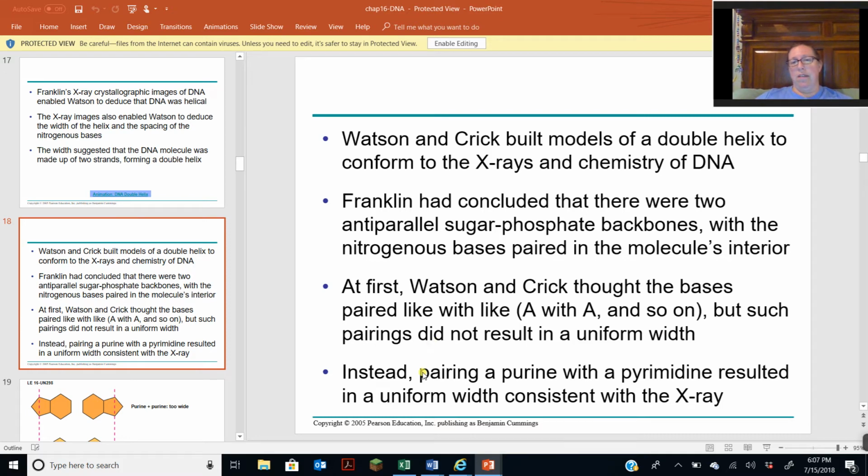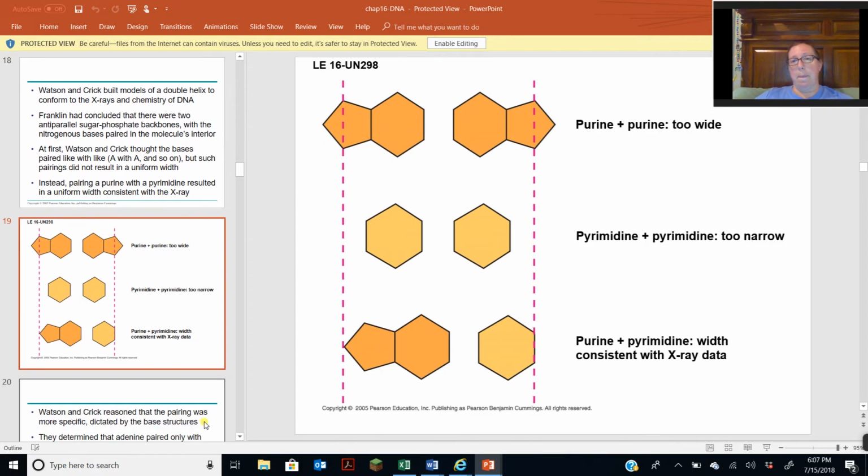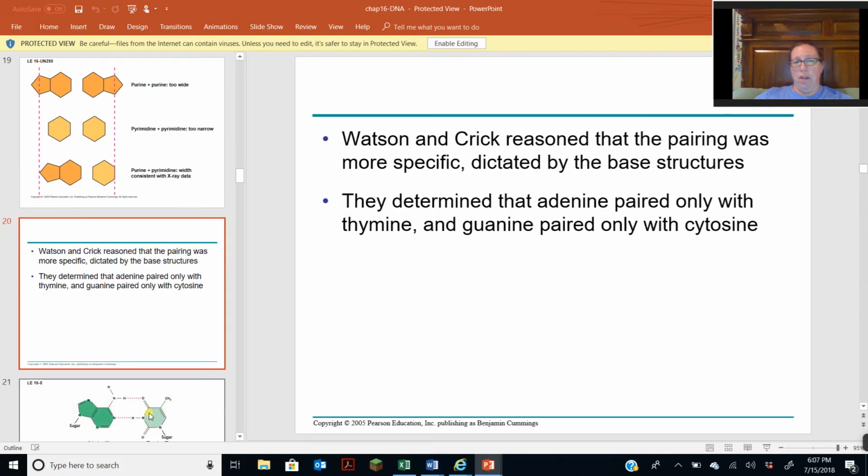So instead, it was the pairing of the purine and the pyrimidine that resulted in the consistency with the X-ray crystallography. A purine and a purine was too wide, a pyrimidine and a pyrimidine was too narrow, and with a purine and a pyrimidine, that was what the X-ray would look like. So, not to take away from what Watson and Crick did, they actually put everything together.